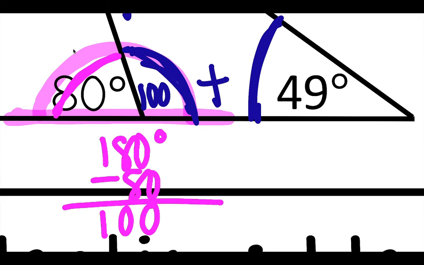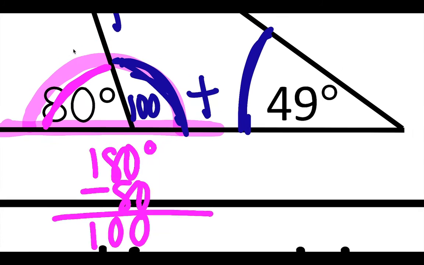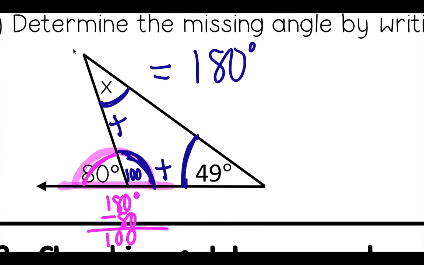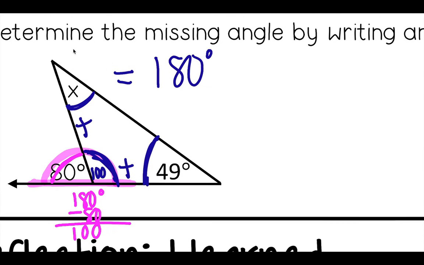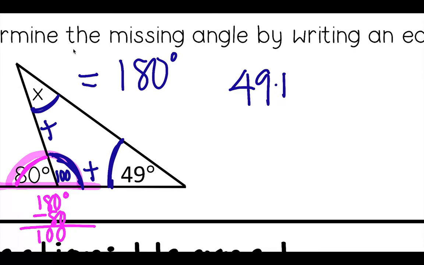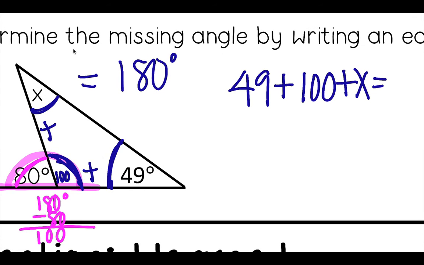Again, there's a shortcut to this we're going to talk about, so you don't have to do all of this. Or not tomorrow, I don't know why I keep saying tomorrow. I'm just really excited to do exterior angle theorem. We're just going to do it on Saturday. There is a shortcut, but for now we don't know it, so there are ways to go around it. So now I know it's 100, so now I know I have 49 plus 100 plus x equals 180.